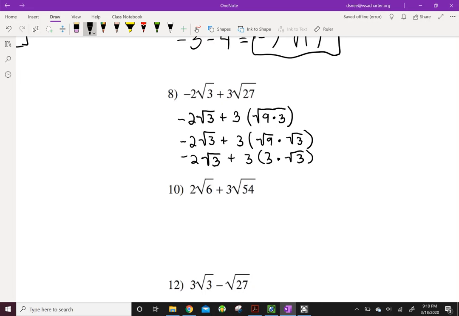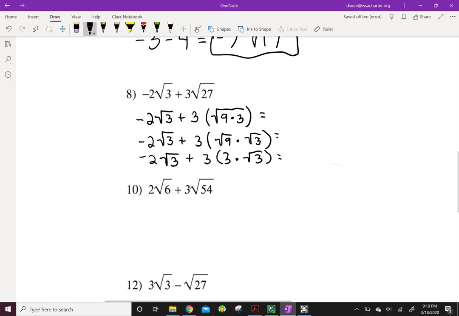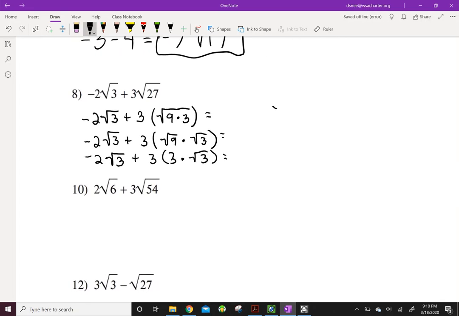Okay, now if I multiply my 3 by 3 root 3, I'm just going to go back up over to the top here. I'm going to do negative 2 root 3 plus 9 root 3, because I multiplied those first because of the parentheses, and I got 3 root 3, and then I multiplied 3 root 3 times 3 to get 9 root 3.